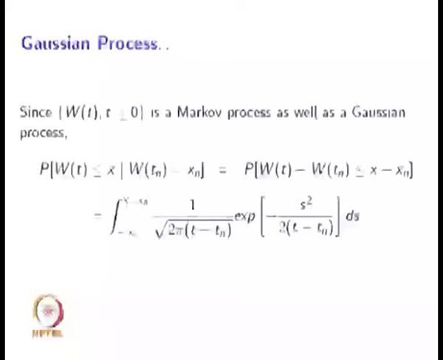Whenever we discuss the Brownian motion, we are discussing a standard Brownian motion with W_0 equal to 0, mu equal to 0 and sigma squared equal to 1.